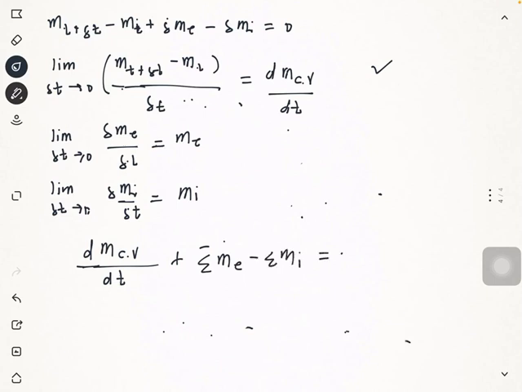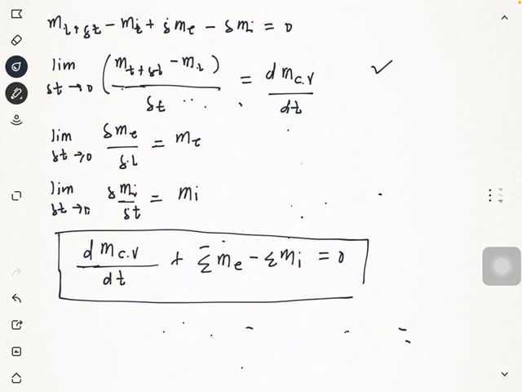This is equal to 0. We have the summation of mass because we generalize the equation. We may have a number of masses entering the control volume and a number of masses leaving the control volume. So there is no change in mass, so that is 0.